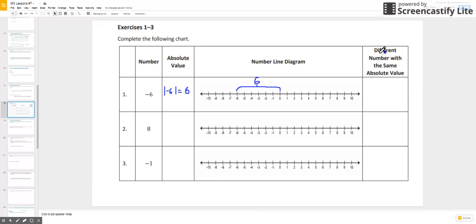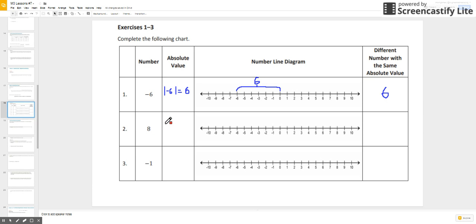What different number has the same absolute value? Well, -6 is 6 away from 0, so the other number that's 6 away from 0 is +6. So there you go. That's how we're identifying the absolute value of a number and finding another one with the same absolute value. So let's look at number 2.